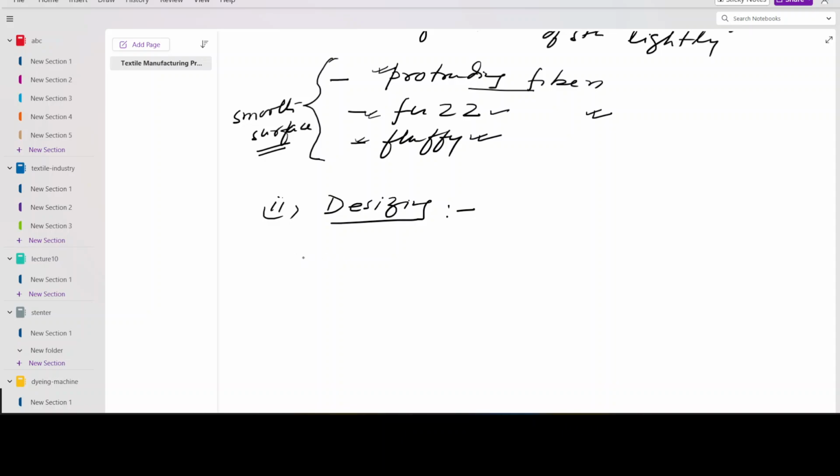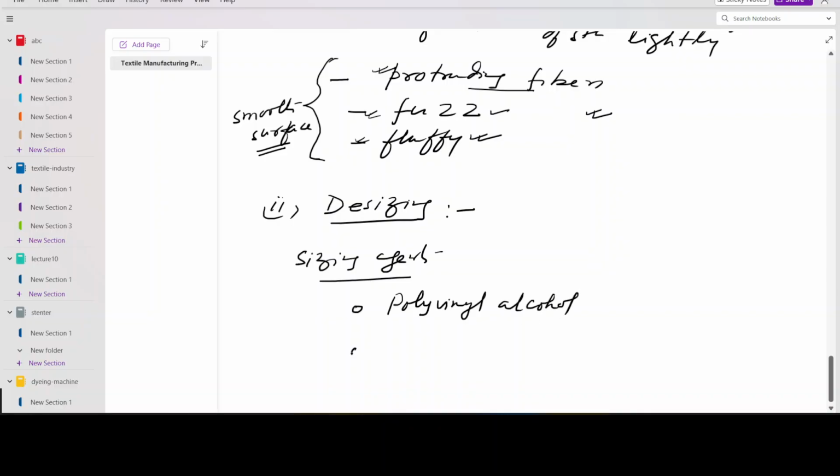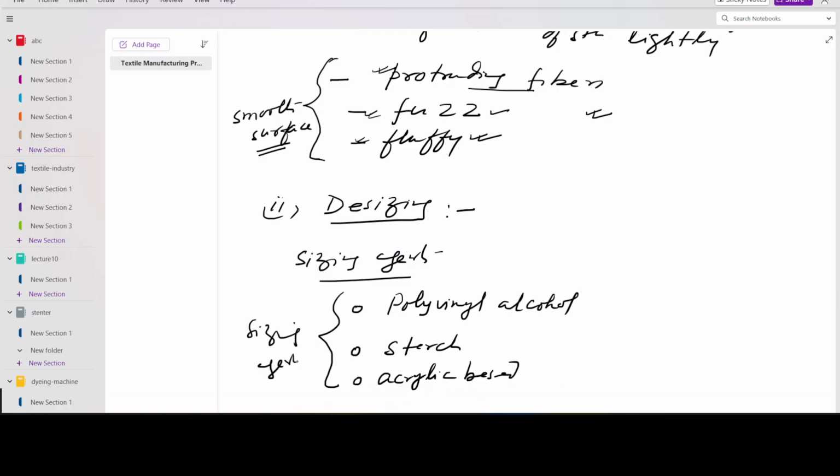The sizing agents that we have applied were polyvinyl alcohol and starch, and another one is acrylic based. These were the sizing agents that were applied during weaving.